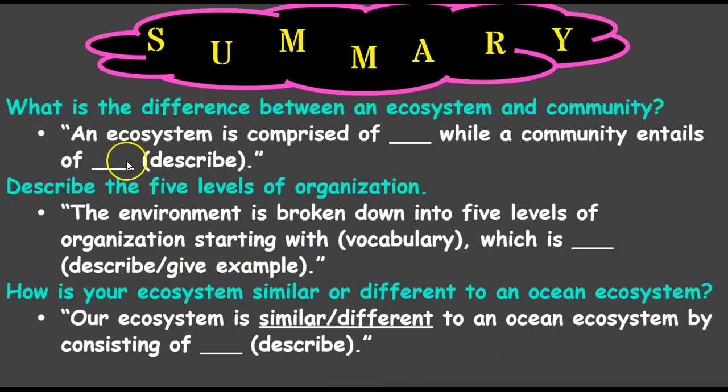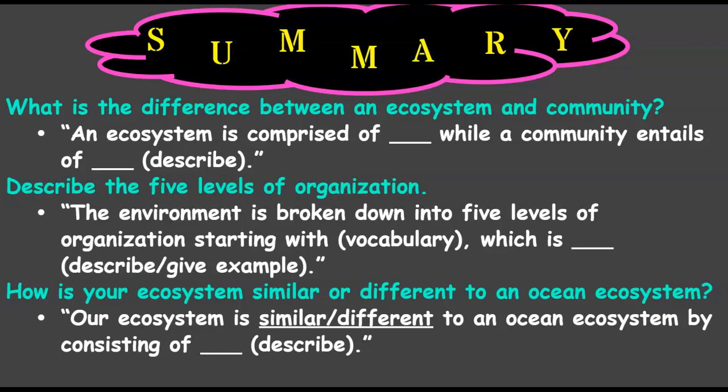All right, let's go back to the summary. An ecosystem is comprised of abiotic and biotic factors, living and non-living things, while a community entails different populations of living things interacting together. The environment is broken down into 5 levels of organization, starting with organisms, which are living things.